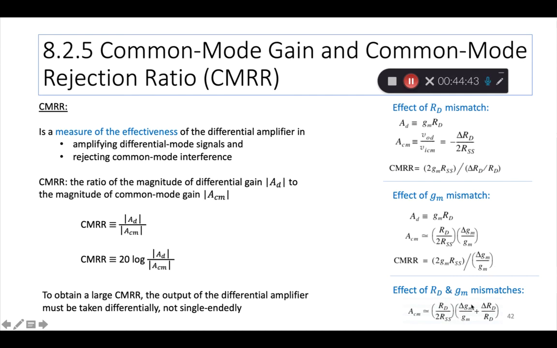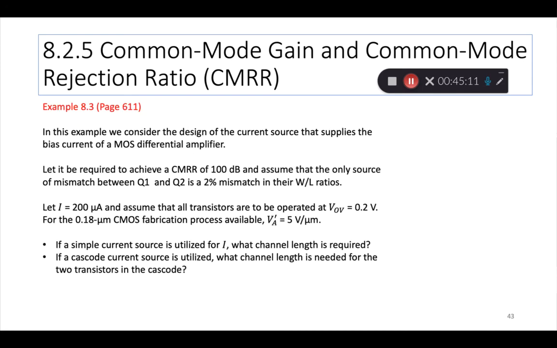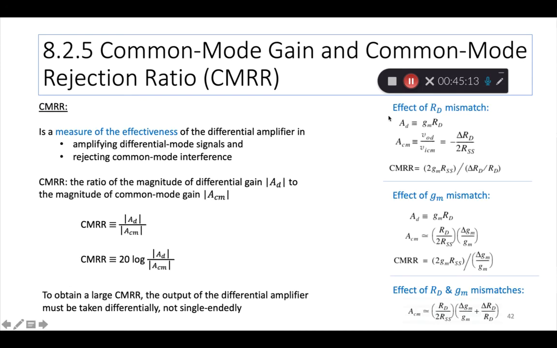And if both of them exist at the same time, RD and GM mismatches, then you can find ACM. AD is the same always, GM RD. Then you can take the ratio. So a high CMRR means the differential amplifier is doing a good job. Low CMRR is a bad job. And we'll do some problems in the next recording to understand CMRR a little better. Let me stop for now.